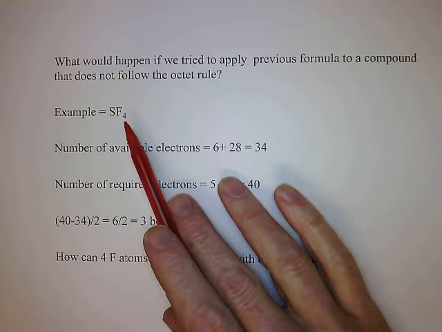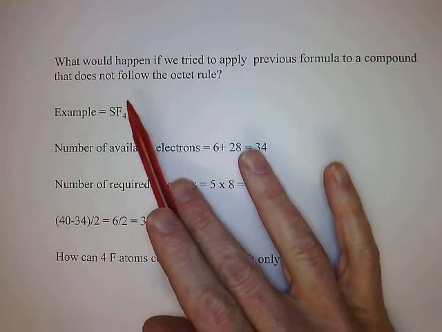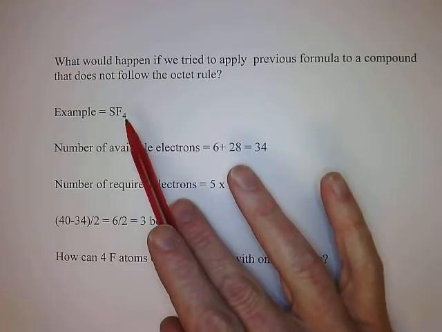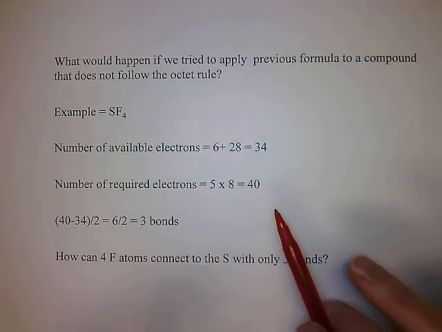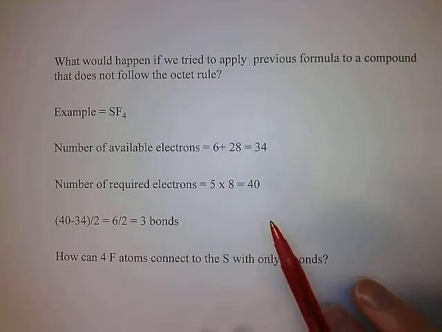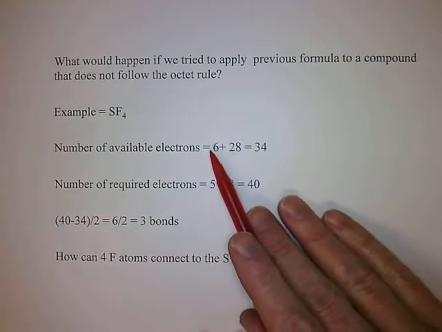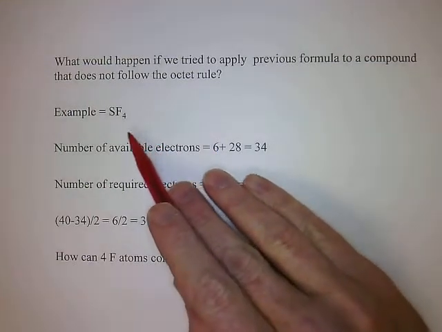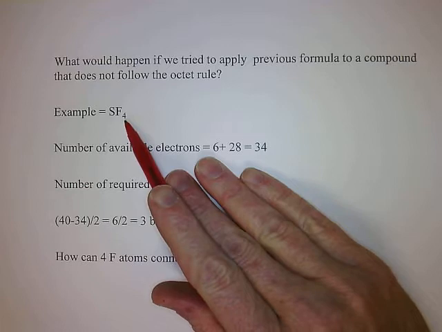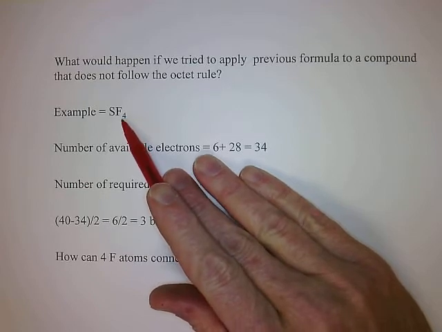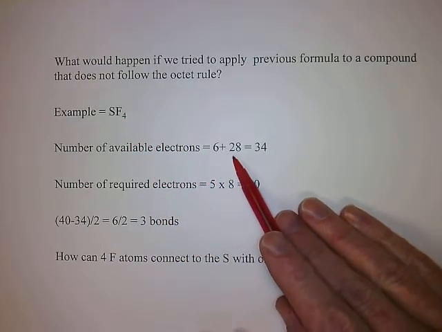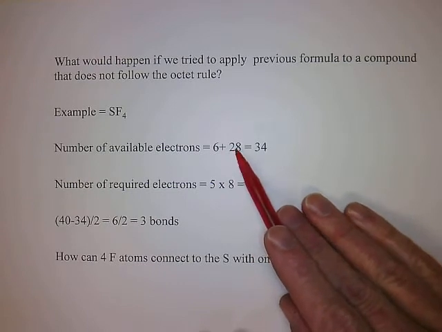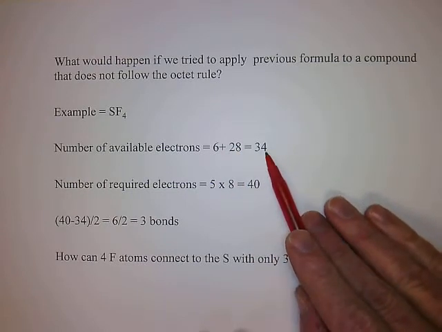What if you didn't recognize this as a compound with an expanded valence shell, and we tried to use that formula to figure out the number of bonds? So we'd say sulfur has 6 valence electrons, and we got 4 fluorines, each of which has 7 valence electrons. 4 times 7 is 28. 28 and 6 is 34.